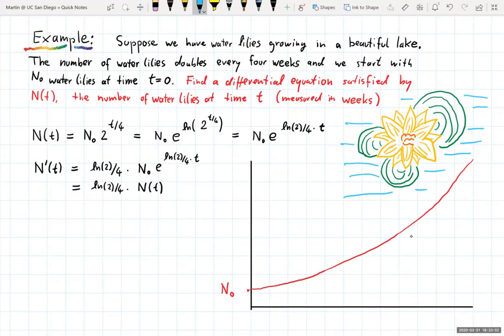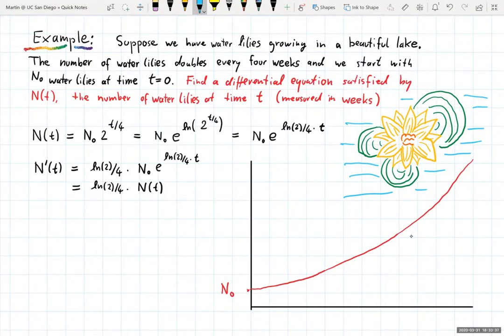This certainly doesn't change the value. Now, using properties of the logarithm, I can pull out t over 4 from this logarithm, and so the entire function simplifies to n naught times the exponential of the logarithm of 2 over 4 times the time variable t.